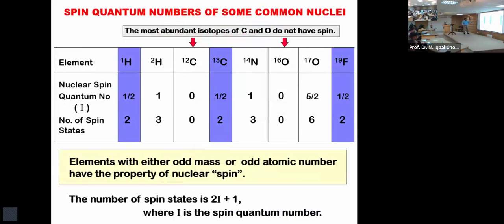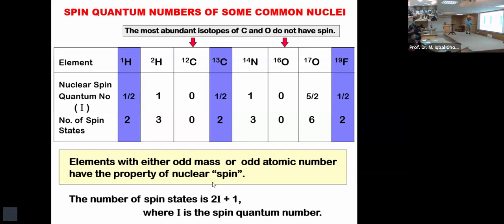Now, take some of the most common elements. Proton, spin half, NMR active. Deuterium, spin 1, NMR active.